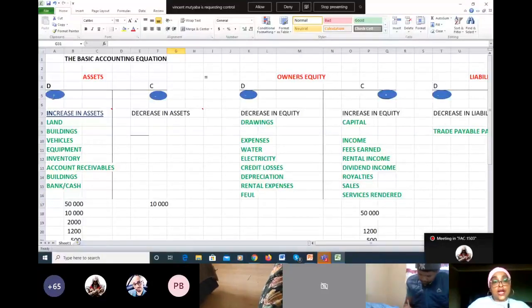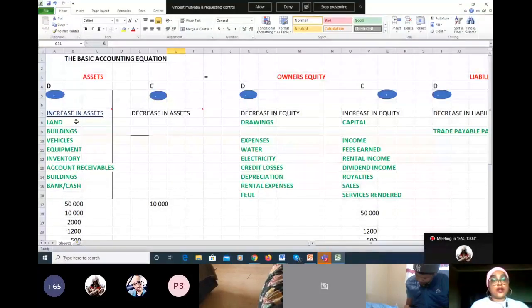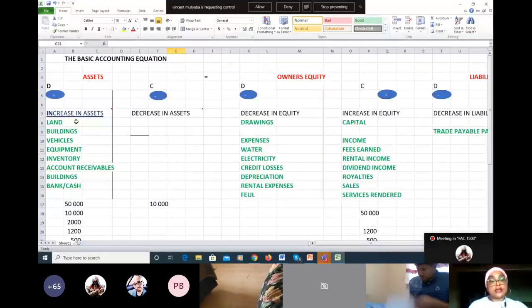Tomorrow we need to define what type of asset account it is. So we're going to say debit land. But the first step in dealing with this whole accounting thing is to first work it systematically. So first say my asset, and then you ask yourself what type of asset is it. So my asset is going to increase on the debit side and decrease on the credit side. Remember, for every debit, there must be a credit.